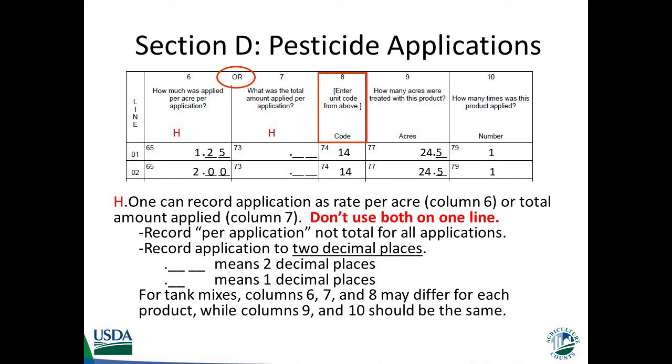All the available codes are listed above the table on page 9. If an operator reports applying the product in parts per million, please be sure to leave good notes. In column 9, record the acres treated with the product to 1 decimal place, and in column 10, record the number of times the product was applied.